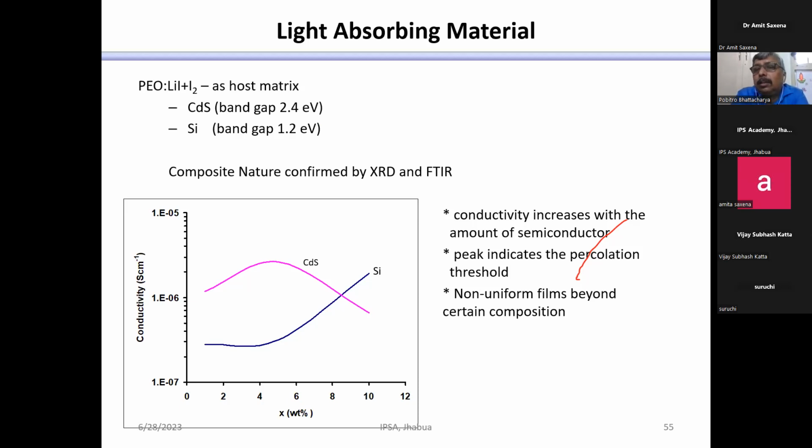Now, one more thing I would like to indicate here: cadmium sulfide synthesis is quite easy. We start from our undergraduate classes on how to synthesize cadmium sulfide. So we thought that if we add cadmium sulfide in the polymer electrolyte, it may help in the trapping of the light. The conductivity indicated that yes, the conductivity can increase if we add cadmium sulfide, or for that matter, powder of silicon also.